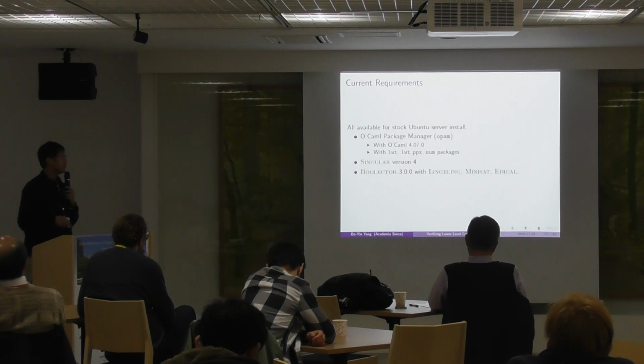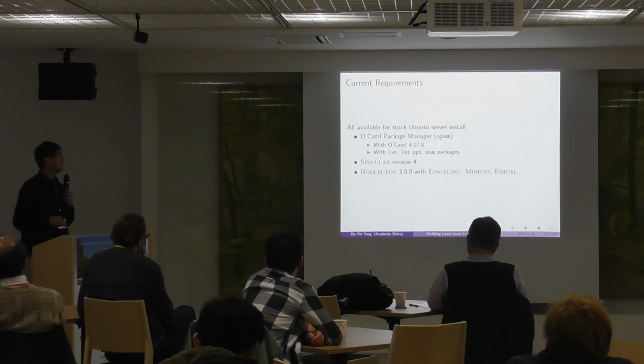The current requirements are the OCaml package manager, which uses OCaml 4.07.0, and you need to use these packages: lwt, ppx, and num. You need Singular version 4, and we need Boolector 3 with at least Lingeling, MiniSat, and Picosat.